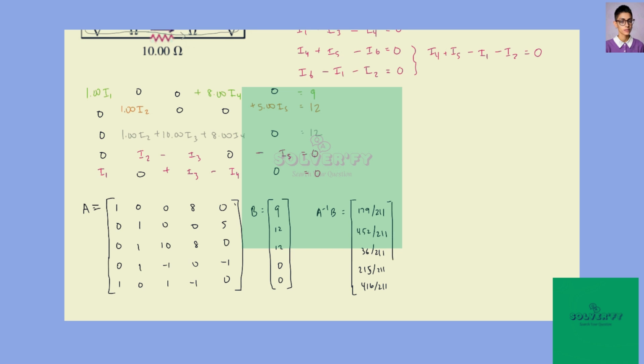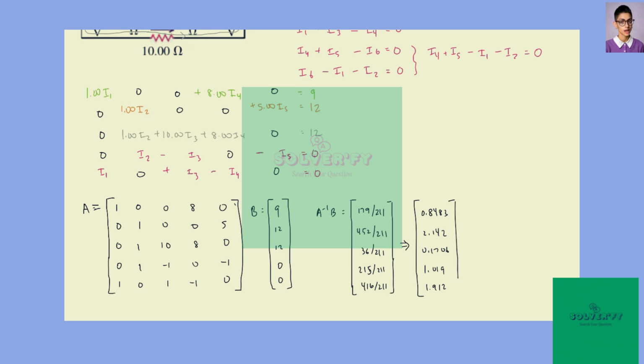And putting these into decimal values, we get 0.8483, 2.142. I haven't worried about sig figs, by the way. 0.1706, 1.019, 1.912.